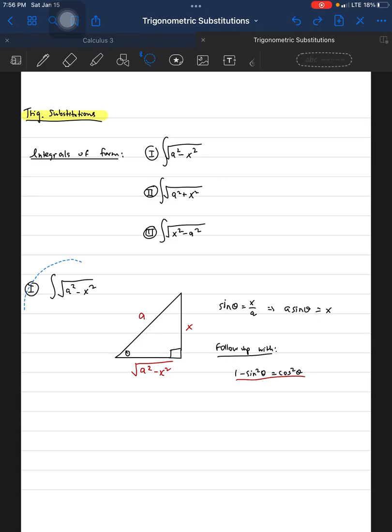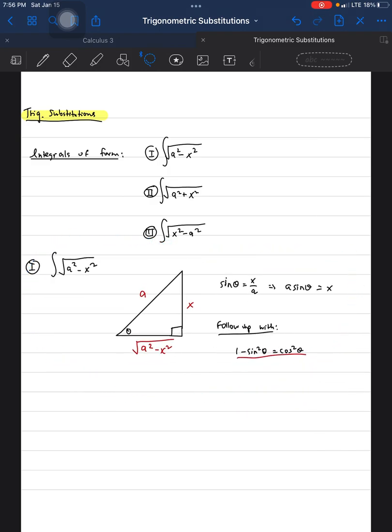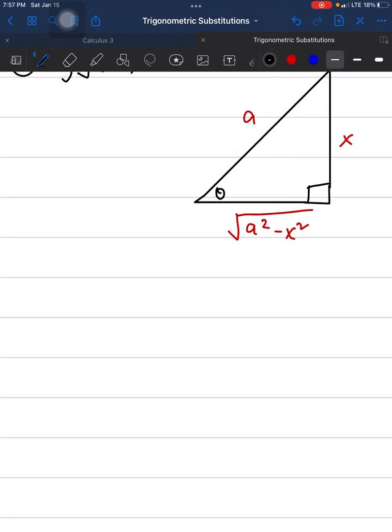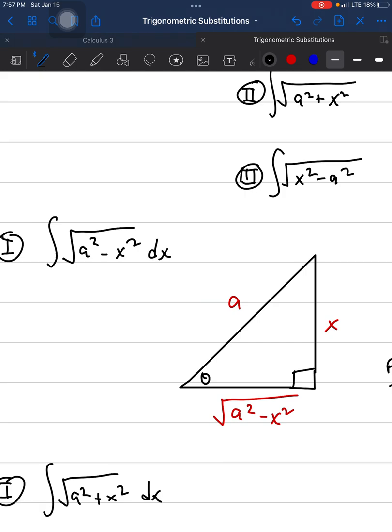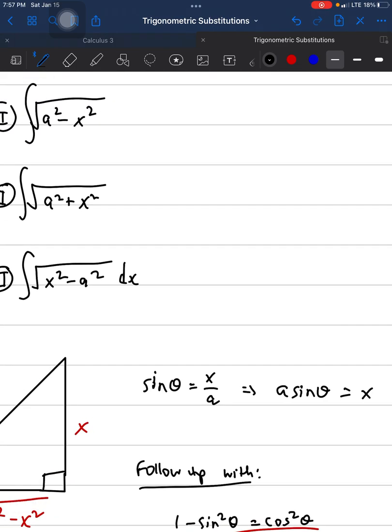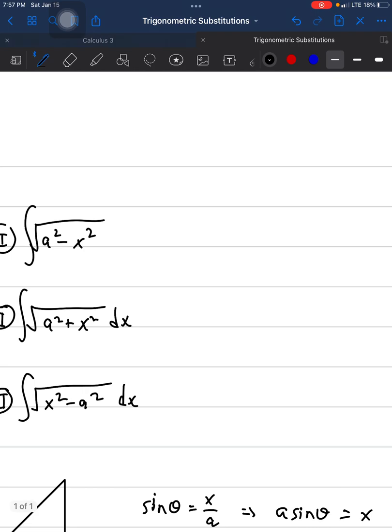Then the next case was 2. We do something similar with the right triangle. So 2 is the integral of the form a squared plus x squared. I forgot about the dx.